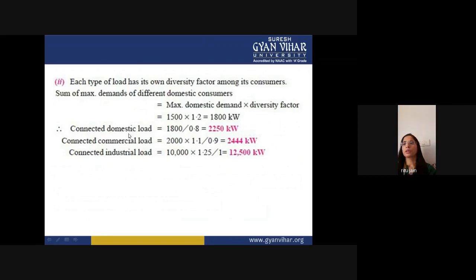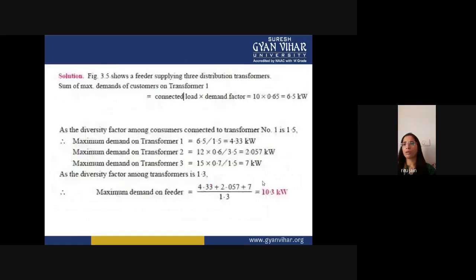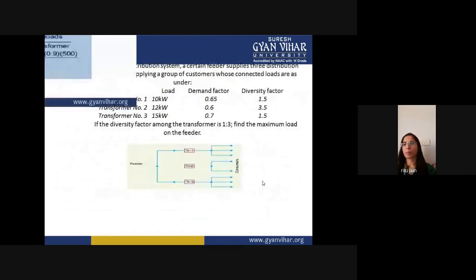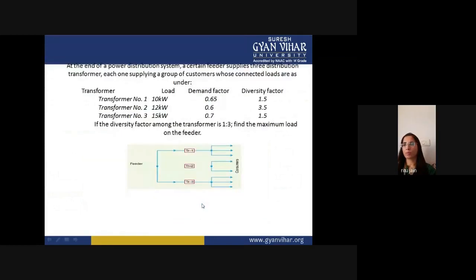So for the connected domestic load, the maximum demand for this connected load is 1500 kilowatt, and the formula for demand factor is equal to peak load upon connected load.